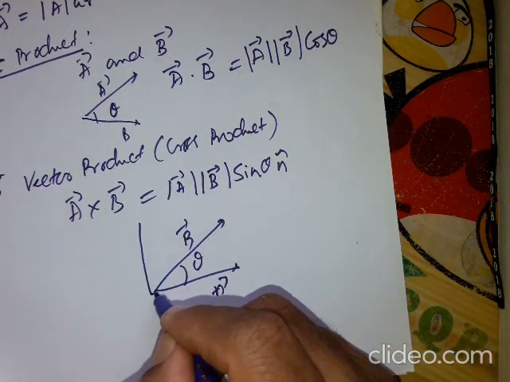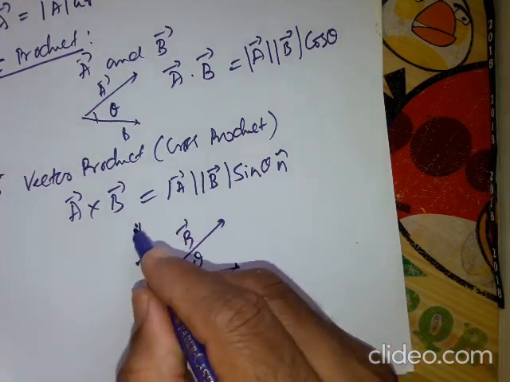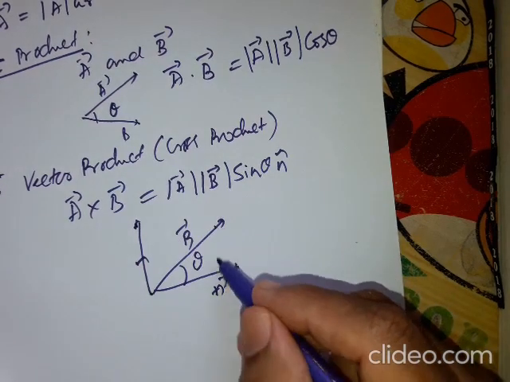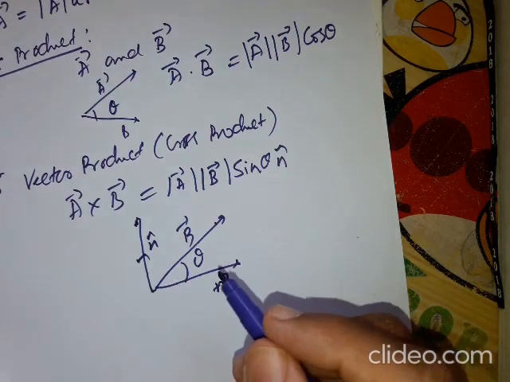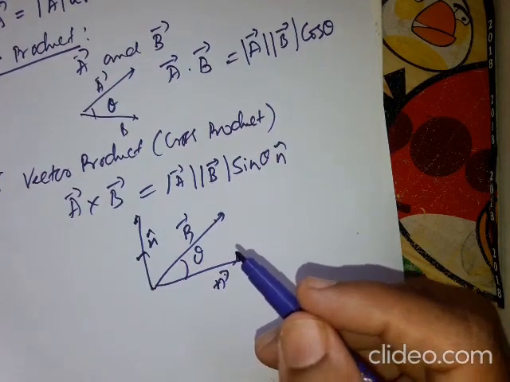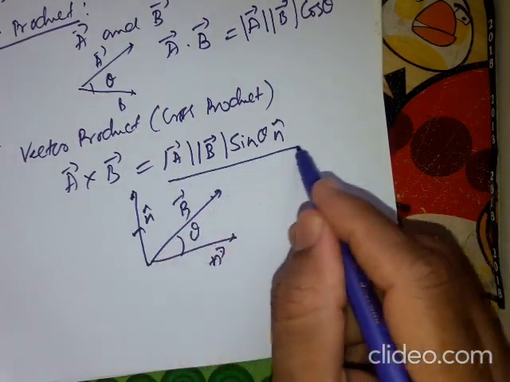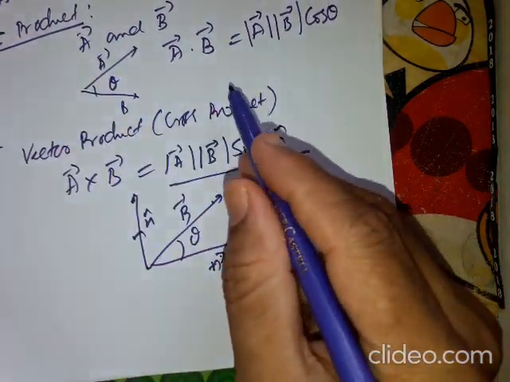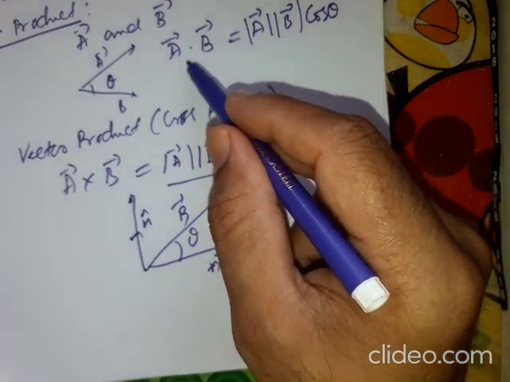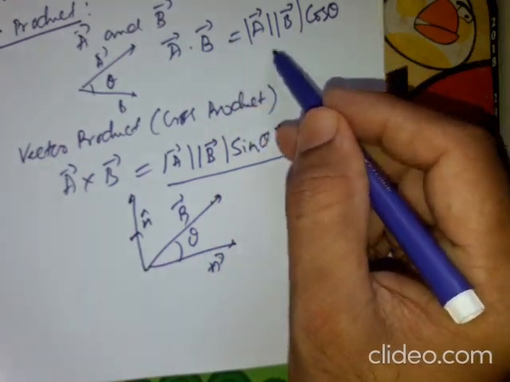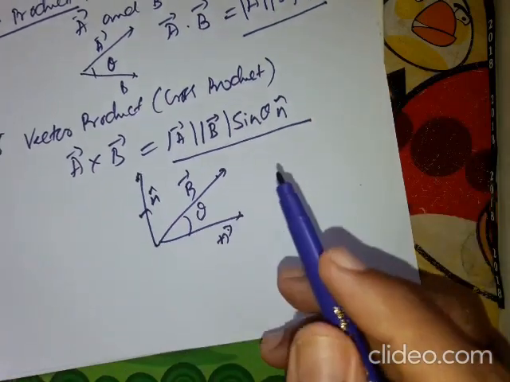A cross B is along a direction perpendicular to the plane carrying A and B, and n cap indicates the direction of A cross B. A cross B is once again a vector, whereas A dot B, the dot product, also known as the scalar product, results in a scalar.